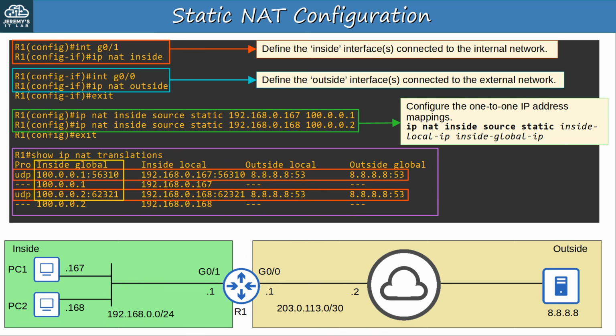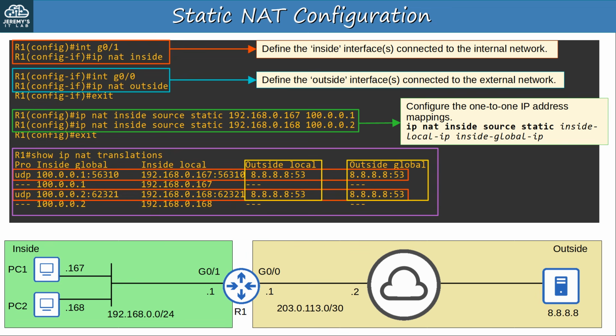But in day 45, we'll look at PAT, port address translation, and you'll see the importance of these port numbers for NAT. Okay, next is the inside local address column. Notice that even though the IP addresses have been translated, R1 doesn't translate the port numbers when using static NAT. They remain the same.